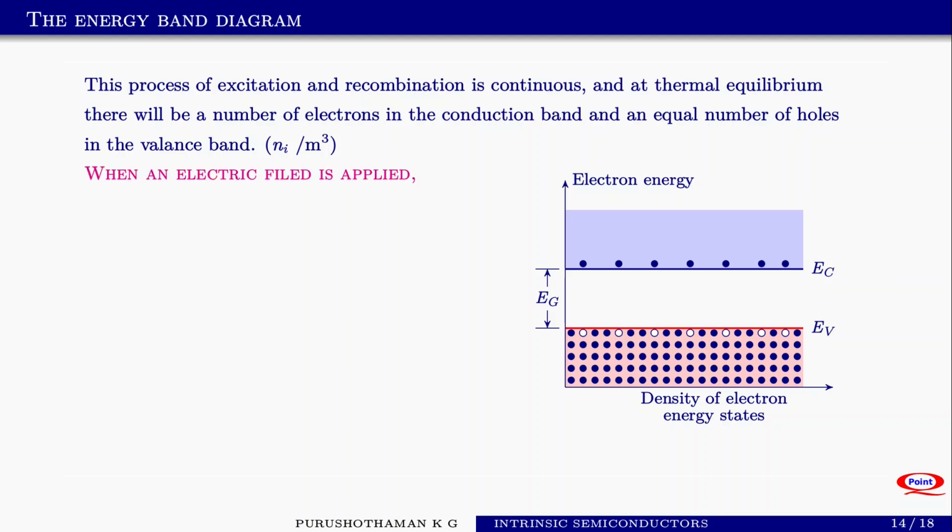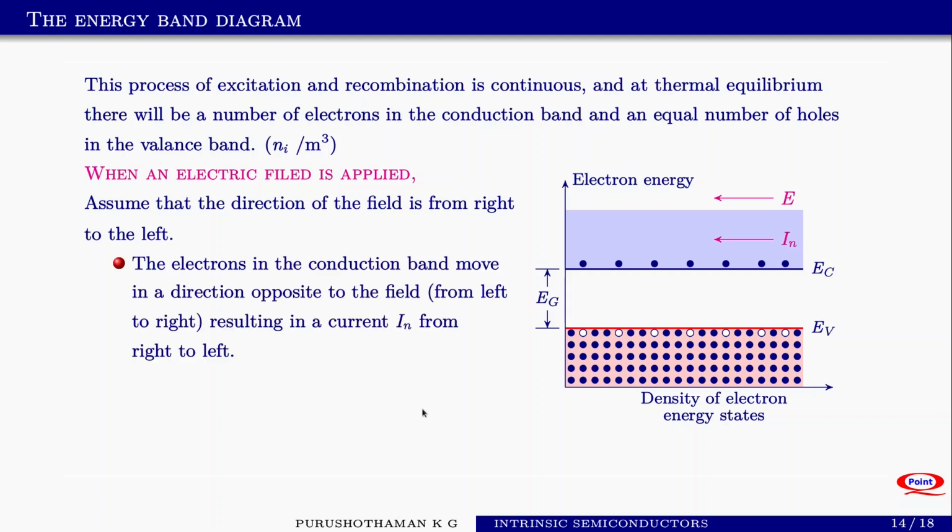Now, under this situation, assume that we apply an electric field in a direction shown here from right to left. This is the direction of the electric field. In the conduction band, electrons will move.